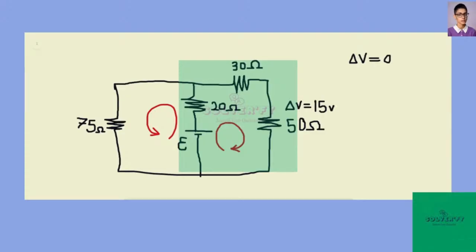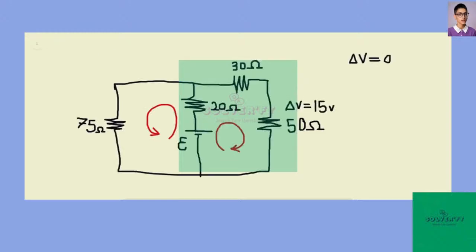Let's talk about the right-hand side loop. The battery is going to raise the potential, and then it's going to drop across all the resistors. The signs on the resistors are going to be opposite that of the battery, and then they're going to sum to 0. We can write out the angular velocity equation, with omega b marked in the opposite direction.